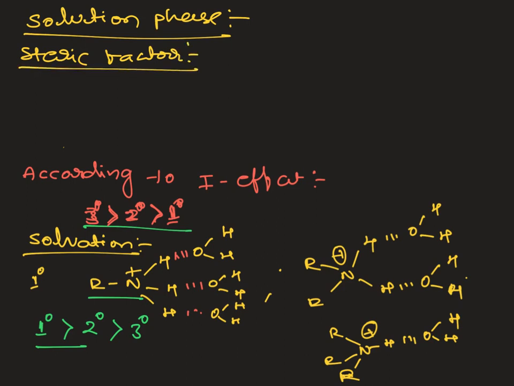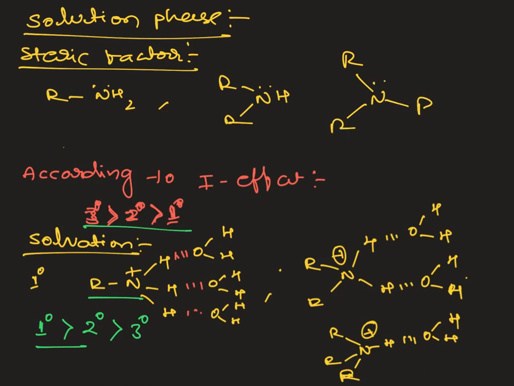According to the steric factor, if you look at primary amine, secondary amine and tertiary amine, in the case of tertiary amine, the lone pair of electrons present on the nitrogen is less available for donation due to steric crowding.